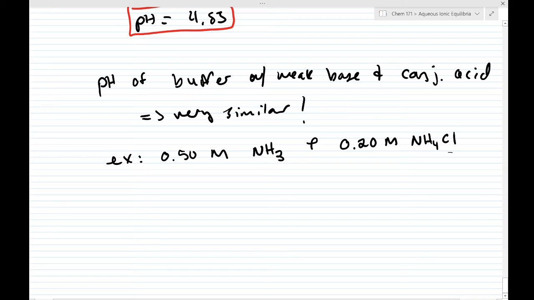The chemical reaction between these two is ammonia reacts with water to form ammonium and OH minus.